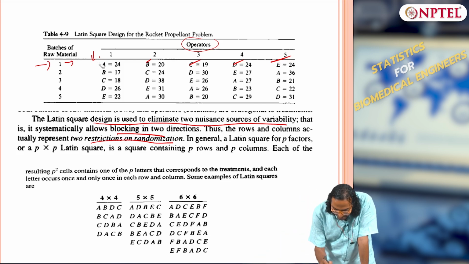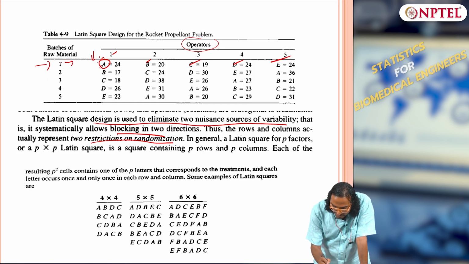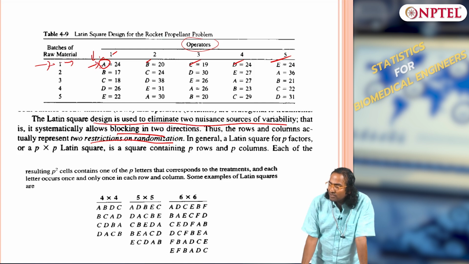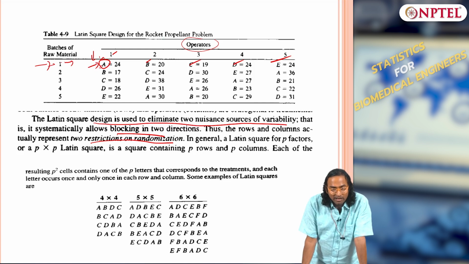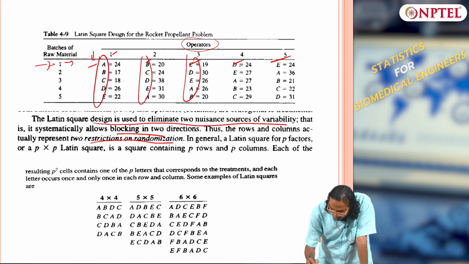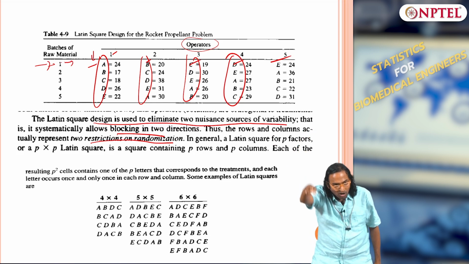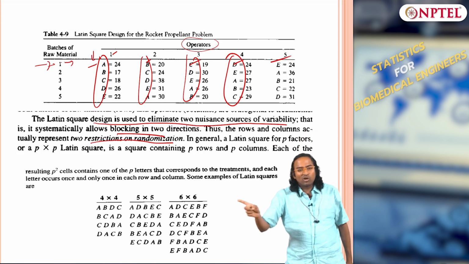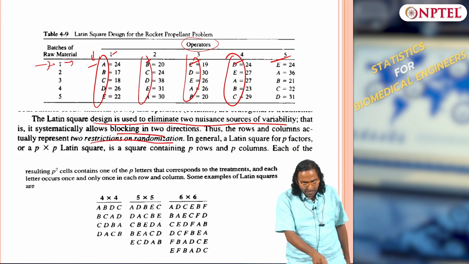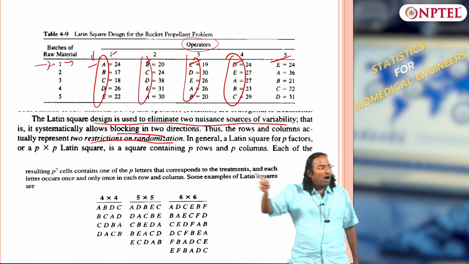If A is my treatment, A should be in each batch. So operator 1 is using A, batch 1 is also using A, okay. Look at this column-wise also, and row-wise: all operators have used all the batches, all operators have used all treatment levels, all batches have used all treatment levels.